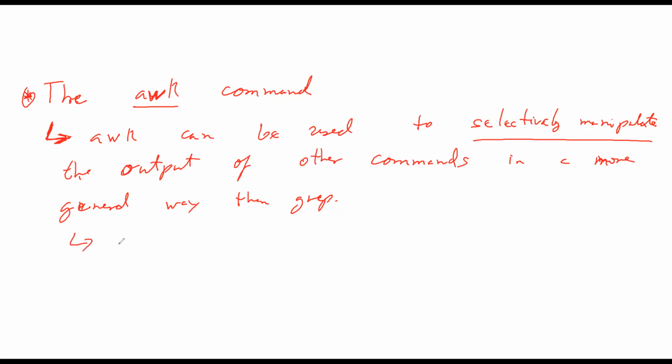So uses of awk, and these are just some examples, but they can be like rearranging columns in the input, within the command input. So let's take a look at an example here.